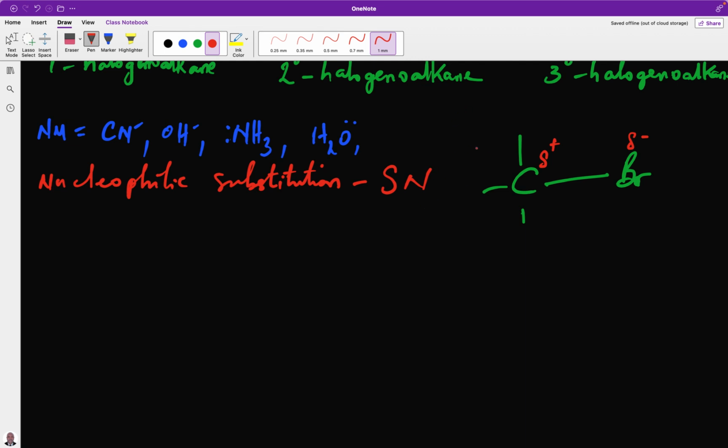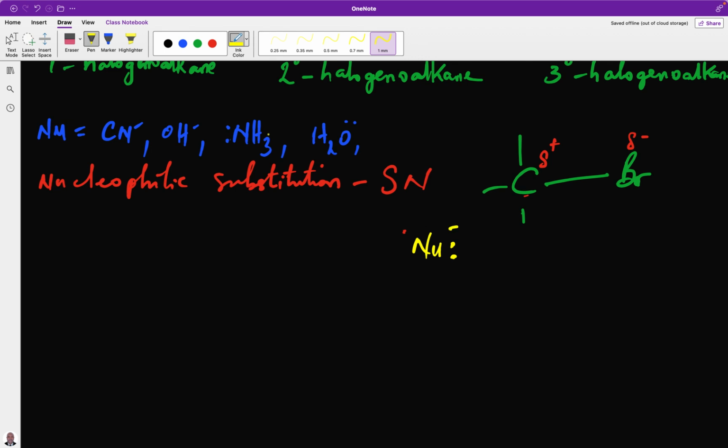A nucleophile is attracted to this end, to this carbon atom carrying a partial positive charge. Now a nucleophile, as I said, always has lone pairs of electrons, and carries a negative charge.